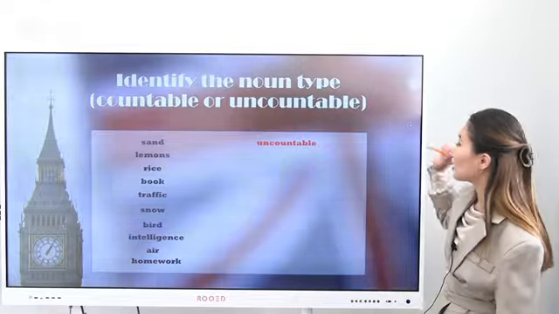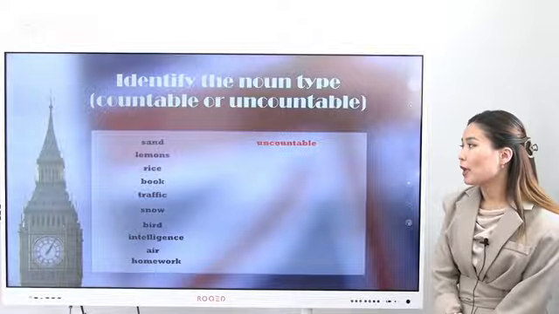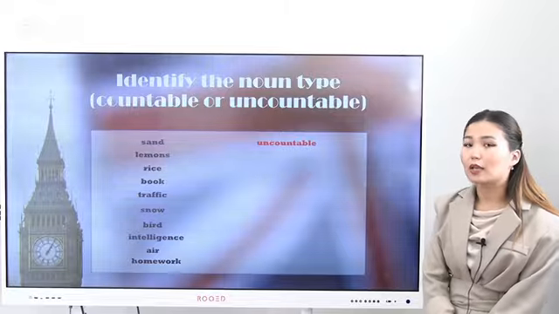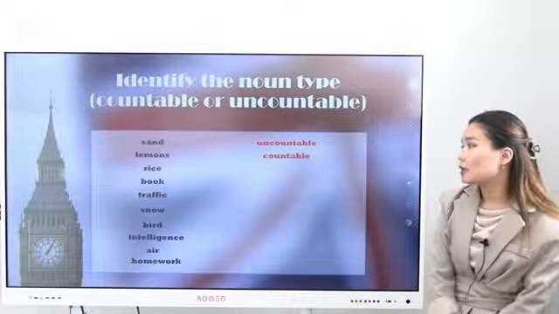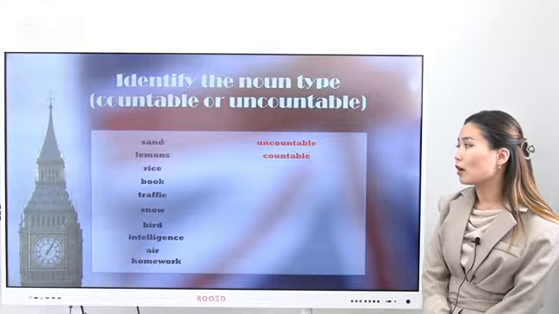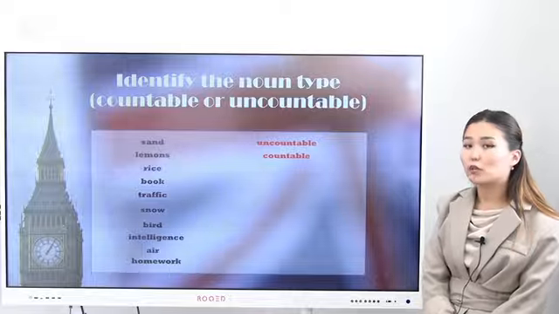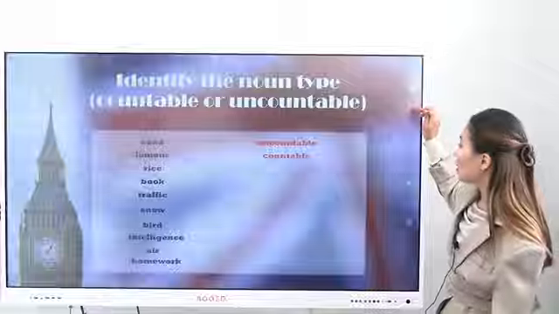The next word, lemons. This word is in a plural form and we can count lemons. So this word is countable. The next word, rice. Can we count rice?